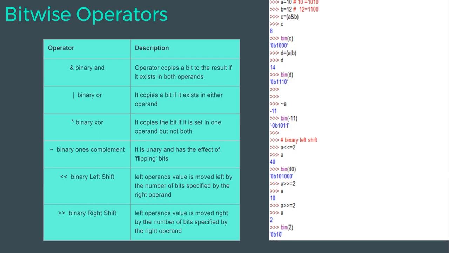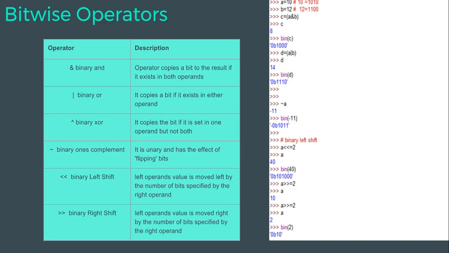Now we perform the binary AND operator. A and B means we have to perform the AND operation between 10 and 12. The answer will be stored in C, which is equal to 8. If you want to see the binary output of C, it will be 1000, the result of the AND operation of 10 and 12.